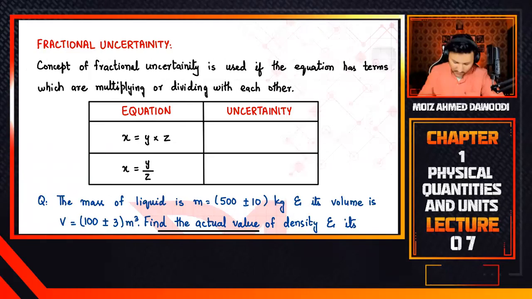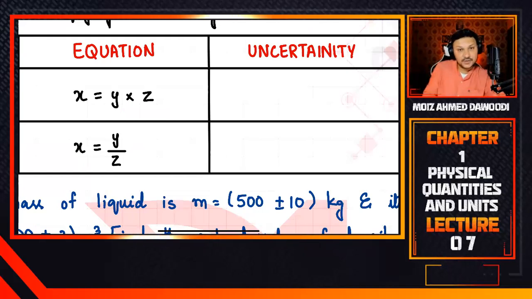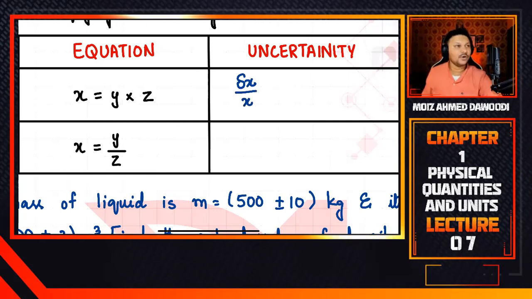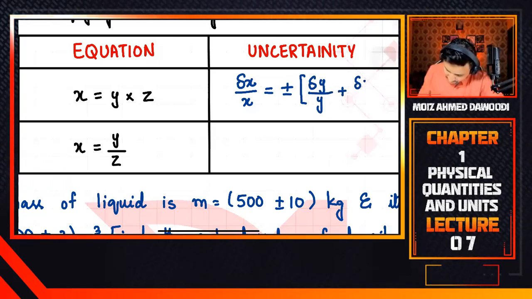Okay, so for example, this is the equation x equals y multiplied by z. So how do we write it down? Since it's fractional uncertainty, we have to show the fraction. तो फ्रैक्शन कैसे शो करेंगे? Uncertainty in x over actual value of x, ठीक है, equals plus minus uncertainty in y over y plus uncertainty in z over z.